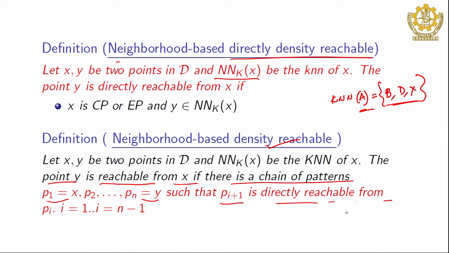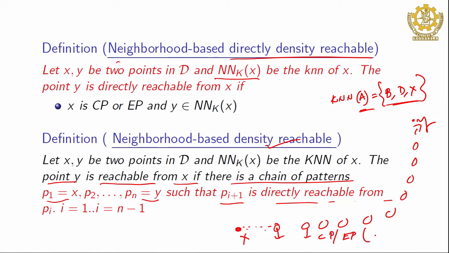That means, if you are trying to find whether the point y is density reachable from x, then there should be a set of points, and all subsequent points apart from the last point must have the relationship of directly density reachable. That means each individual point is either a core point or an event point, in other words, a cluster point.